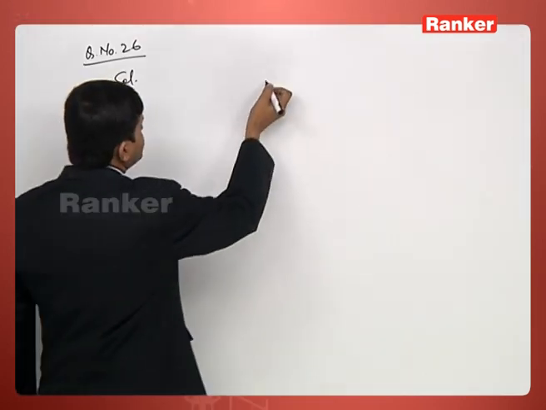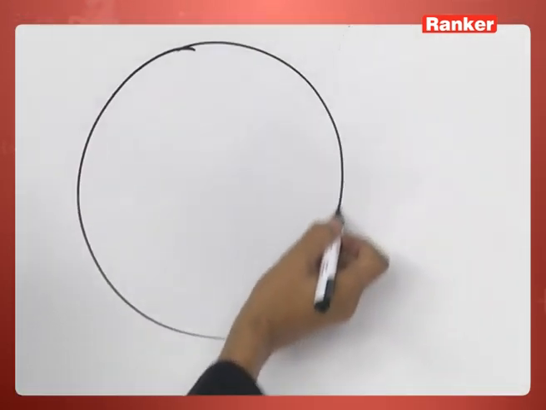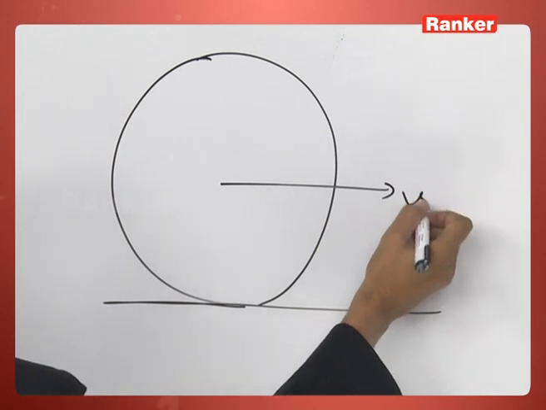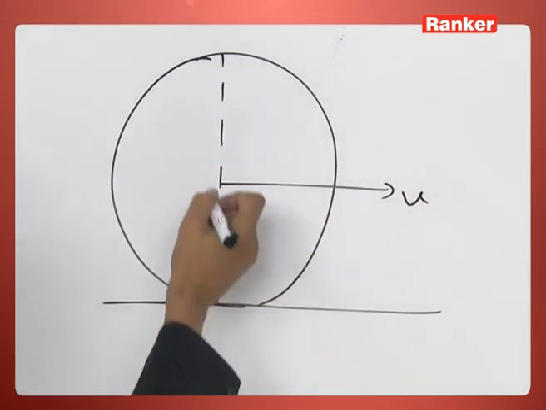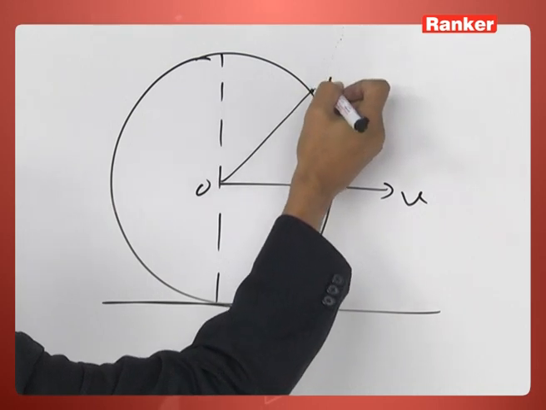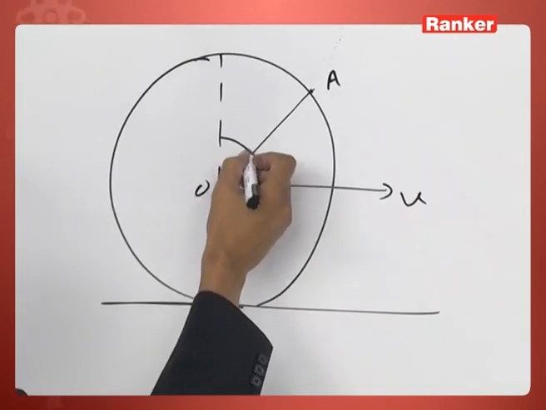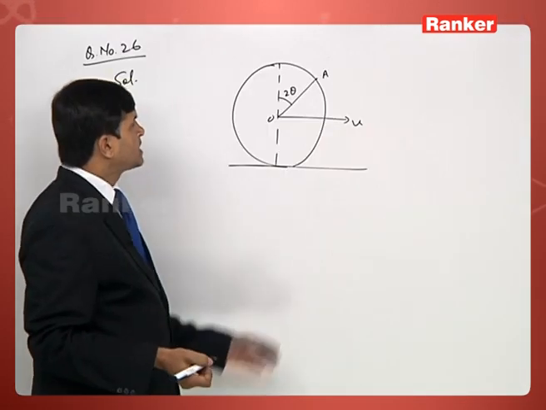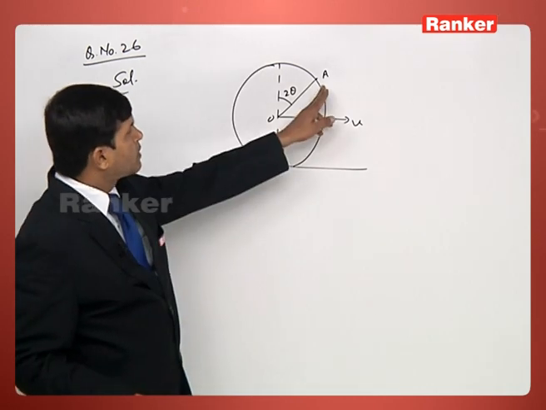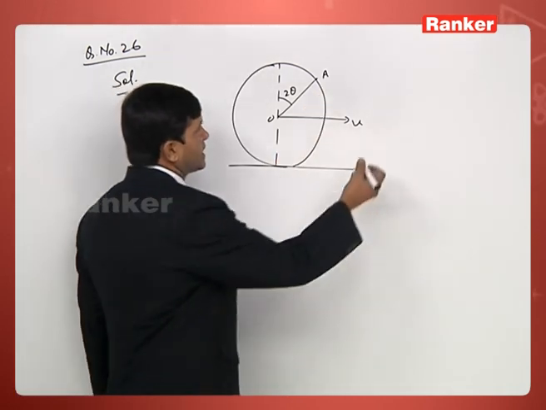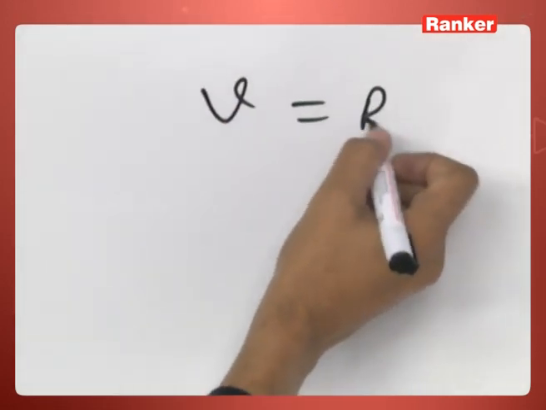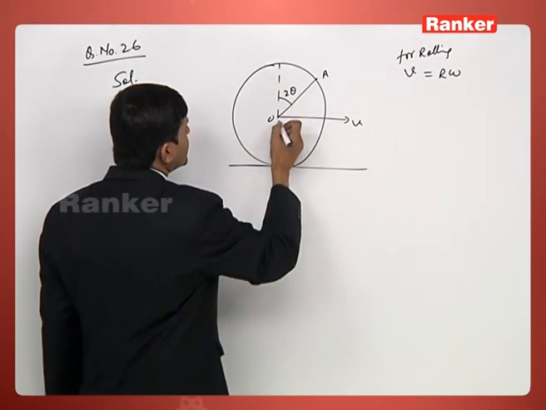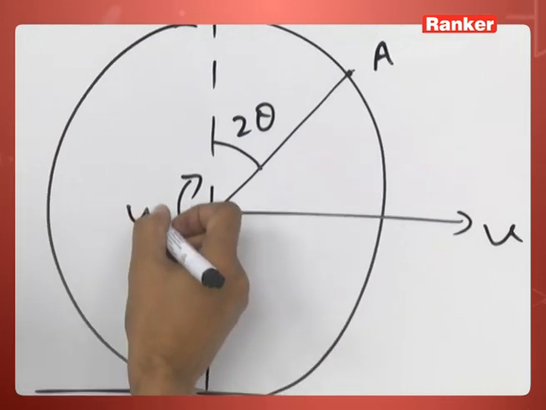As it is given, this is your hoop, and this hoop has velocity v, and this is a point A, and this point is making an angle 2 theta with the vertical. So we want the velocity of point A. Since it is rolling, v is equal to r omega for the rolling condition, where omega is in this direction.